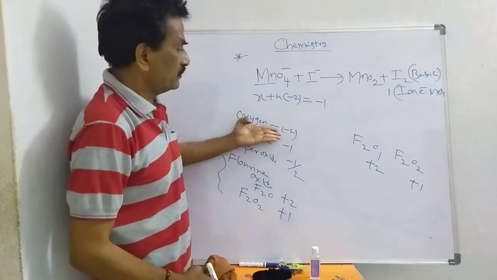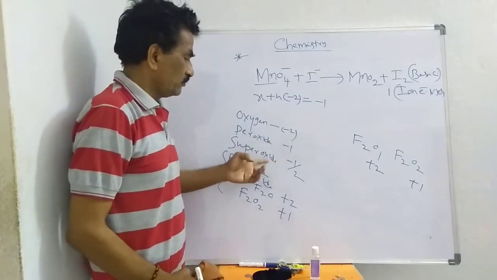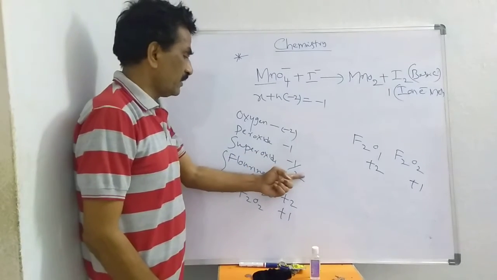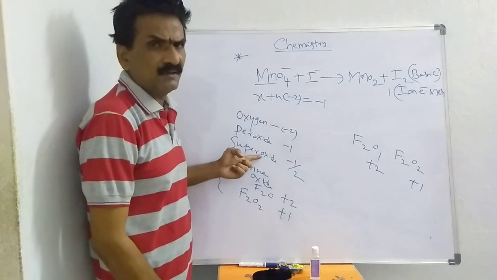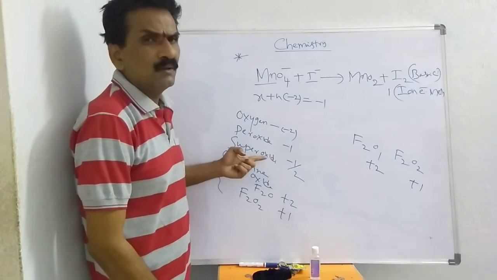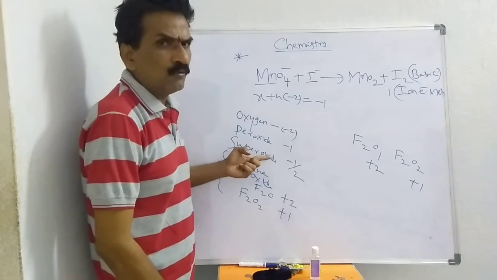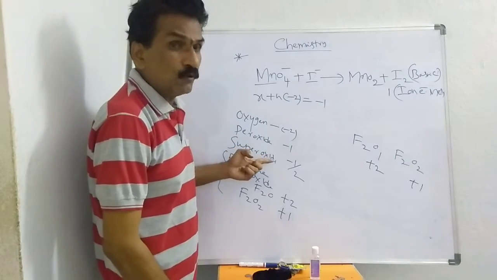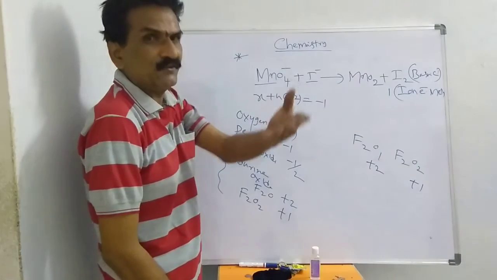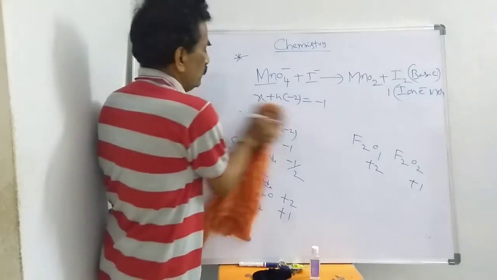Oxygen is minus 2, in peroxides minus 1, in superoxides minus half, as in potassium, rubidium and cesium superoxides, RbO2, KO2. We already discussed this in the previous videos.